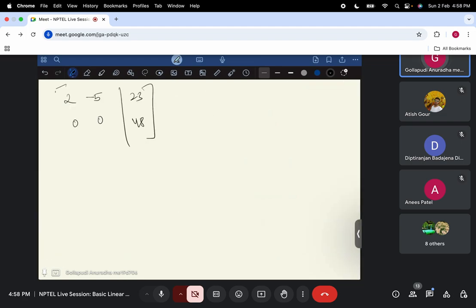This is the augmented matrix we have. For this the rank is anyway not 2, it's 1. So you can take any combination, like these 2 columns or these 2 columns, for example, if you are taking.